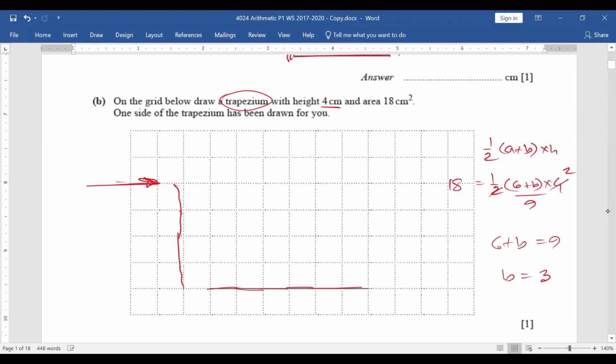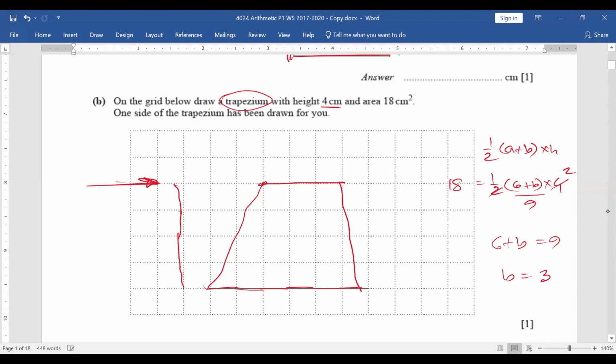So we can take 3 from anywhere on this line. Say we start from this point, take 3, and connect these two points. So this is a trapezium with height 4 centimeters and area 18 centimeters squared.